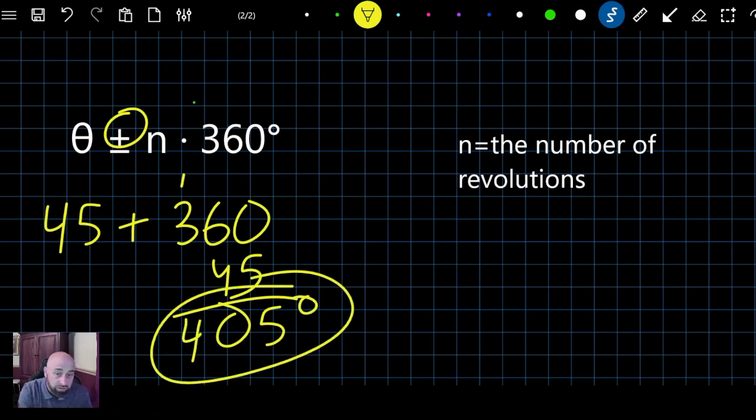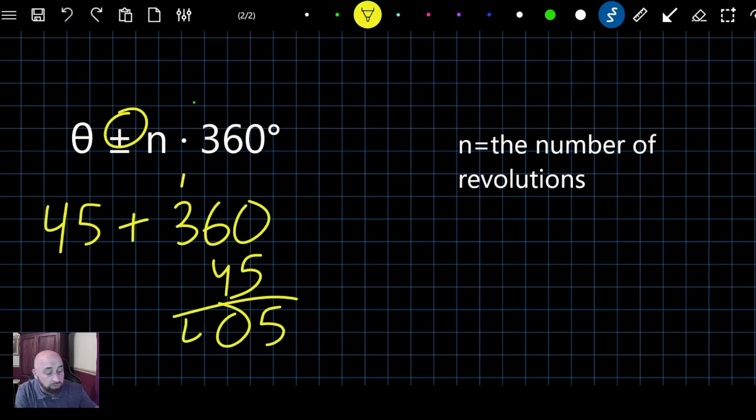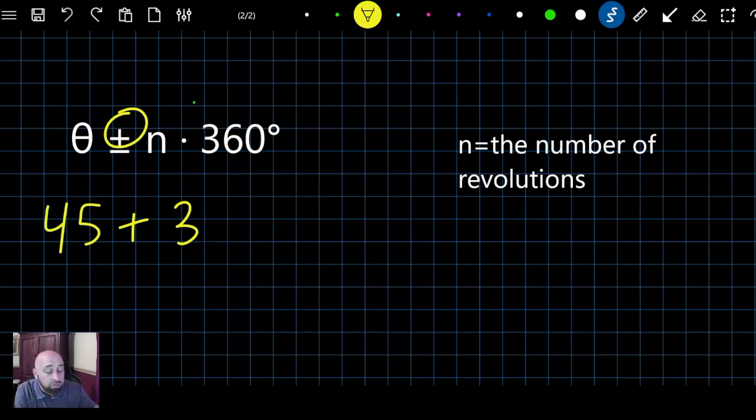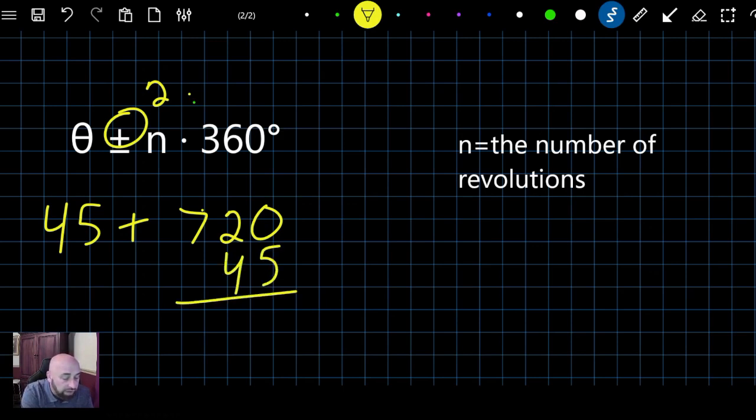One angle that's coterminal with that is 405. You could also do 2 times 360, which is 720, so another coterminal angle would be 45 plus 720, 765, which is also coterminal with that. So that's another way to do it.